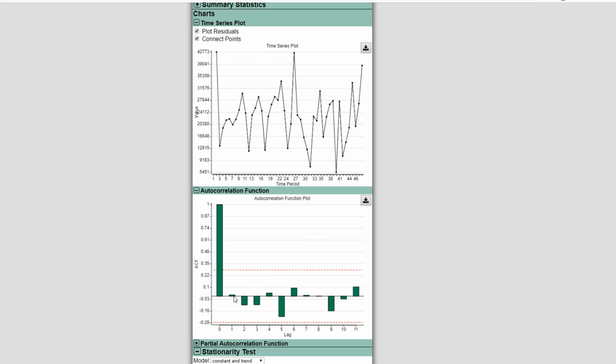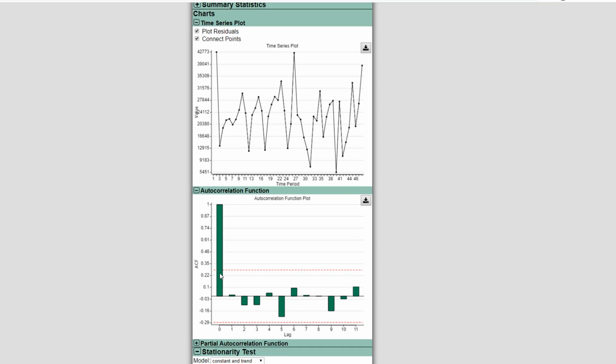For values separated by two time steps, how correlated are they? And so forth. The red dotted lines give you tolerance bounds where the correlation is low enough that it's not significant.